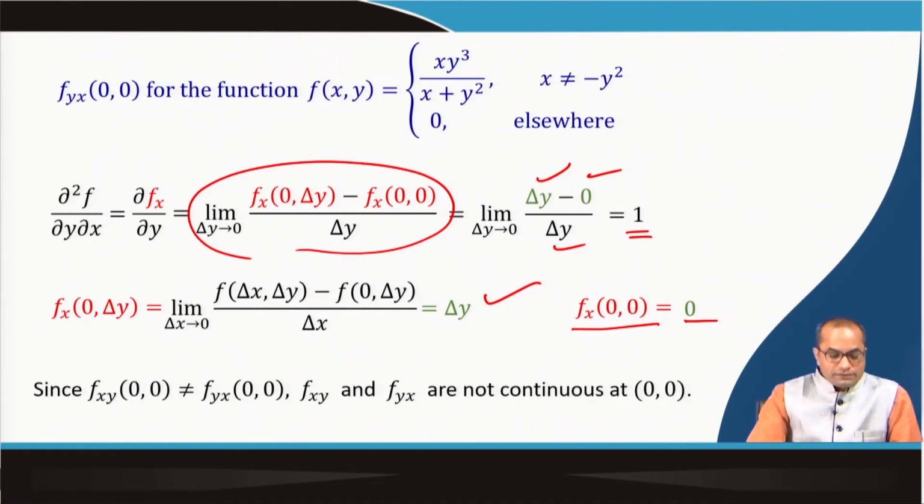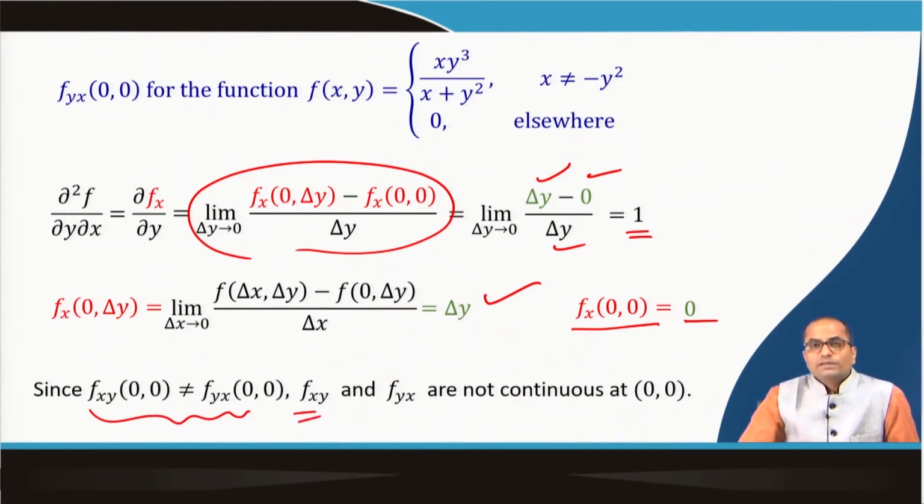So, what we can definitely say is that since these two are not equal, we can claim that this f_xy and f_yx are not continuous at (0, 0). Why? Because suppose they are continuous, then f_yx and f_xy must be equal, but they are not equal.